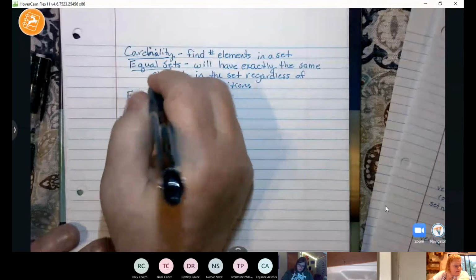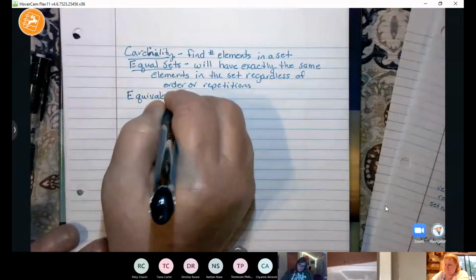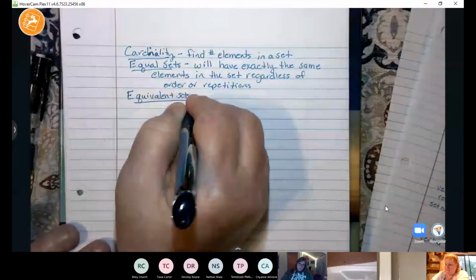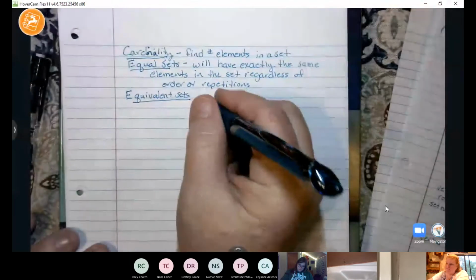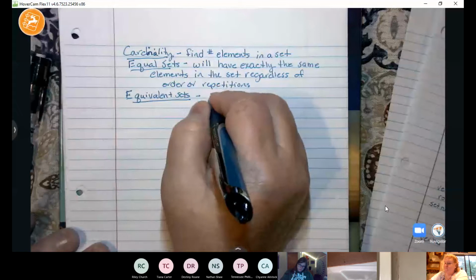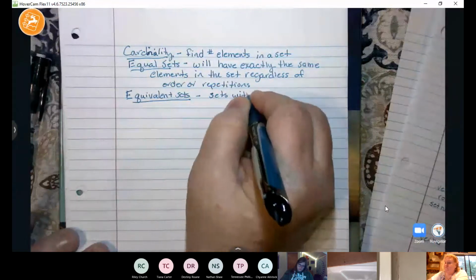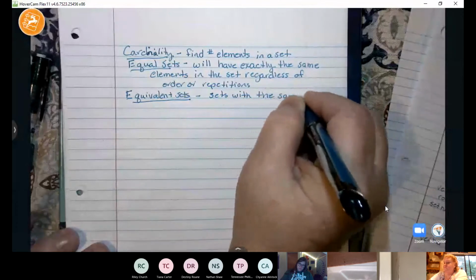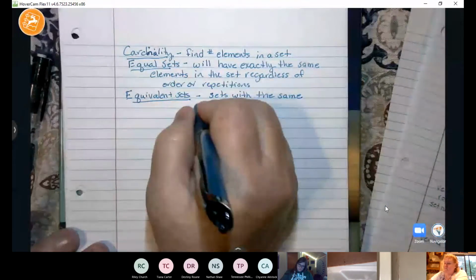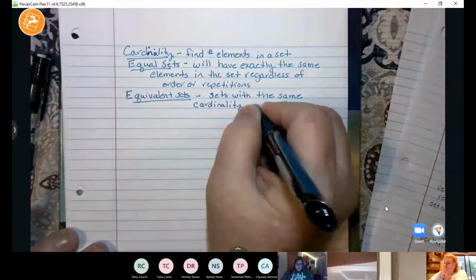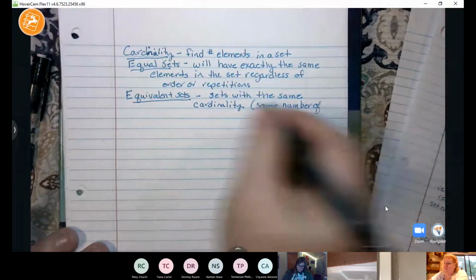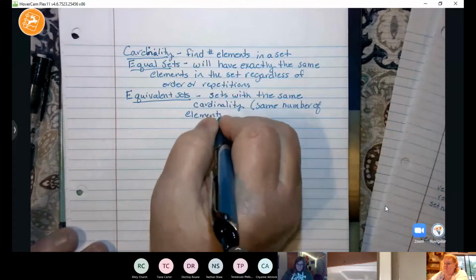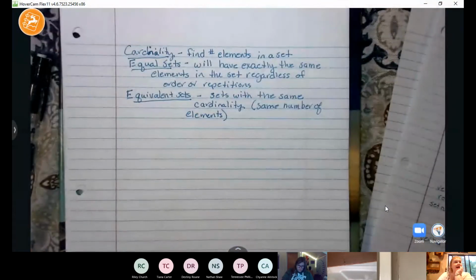We have equivalent sets. Equivalent sets have the same cardinality, which means they have the same number of elements.